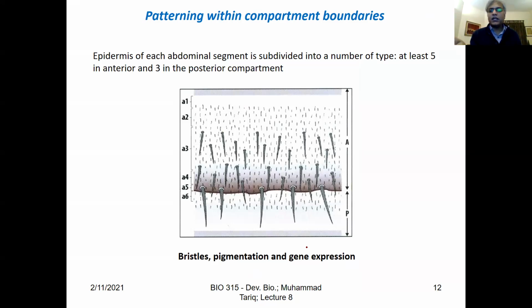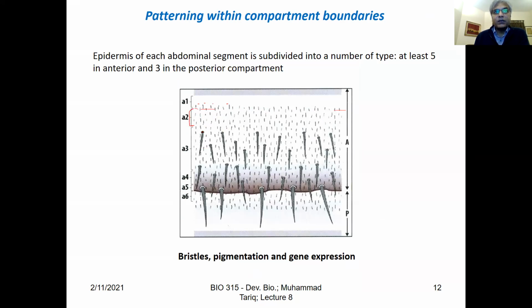If you pay attention here, it's shown that one segment, based on these hair patterns, is further divided into 6 different sections. For example, this one is A1.